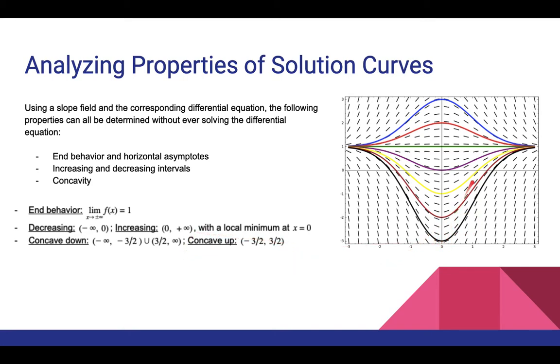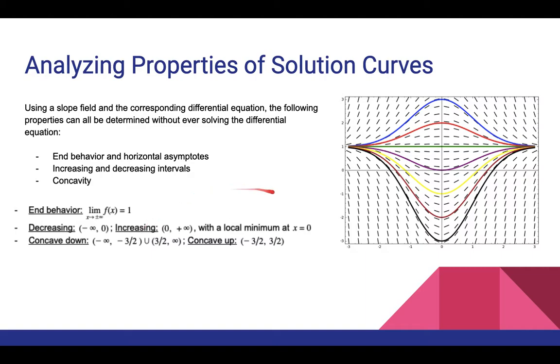Okay, perhaps where I said the black curve, I meant any curve that occurs for y less than 1. Okay, we can see that we're concave down from negative infinity to negative 3 over 2.